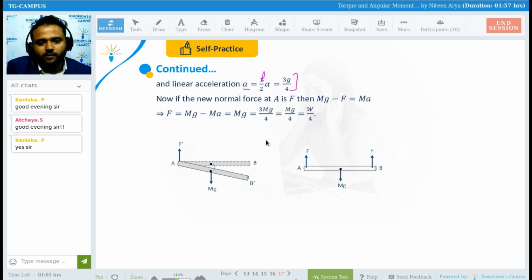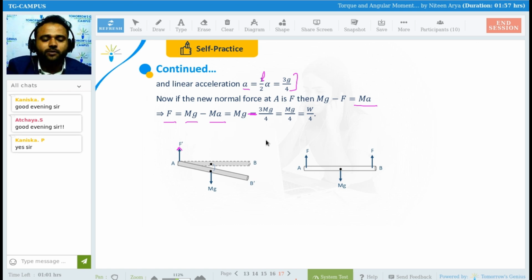Now the new normal force at A, which is F prime, is going to be mg minus F. I mean, mg is going to be downward and F also. So mg minus F is going to be the net force ma. So this particular force is mg minus ma, mg minus 3mg by 4, because acceleration is basically 3g by 4.